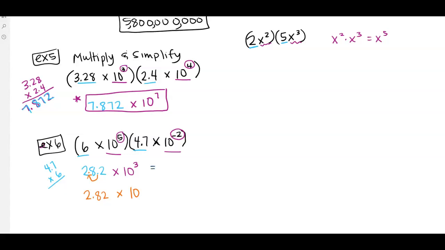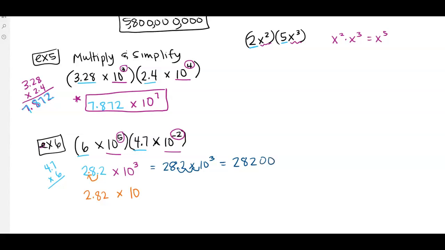Sometimes that helps people think through which way it needs to be moved. So let me write it out here again. We had 28.2 times 10 to the third power. That's saying I'm moving my decimal point 3 places over. So that's really saying 28200.